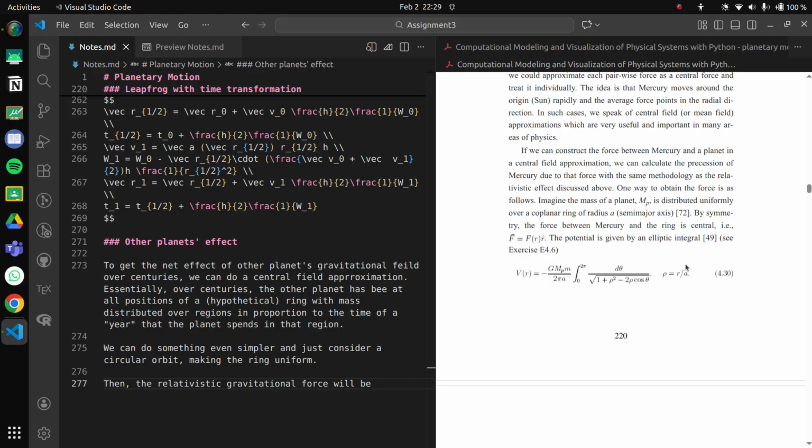Mercury is, I think, the closest, so how would you have something like this? Okay.